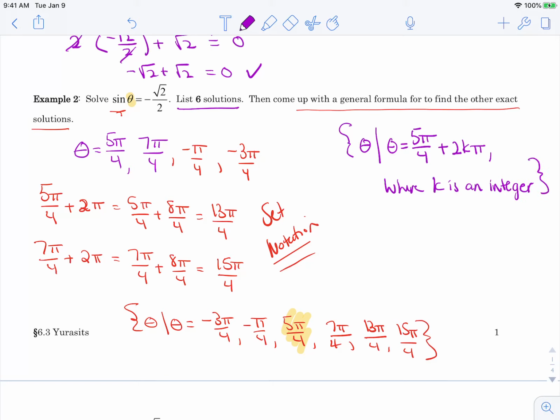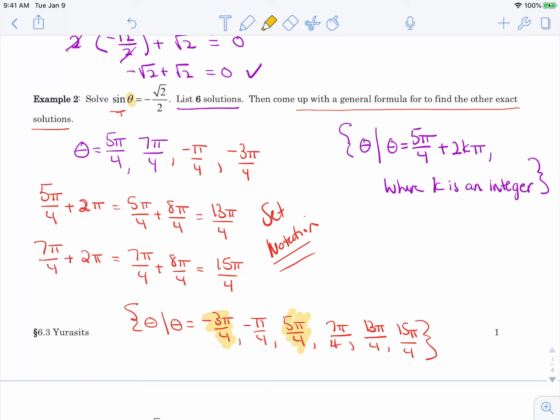And this would hit all the positives that hit 5 pi over 4. It will also hit these guys because an integer could be negative. So if I do 5 pi over 4 take away 2 pi, that's going to put me in this location.